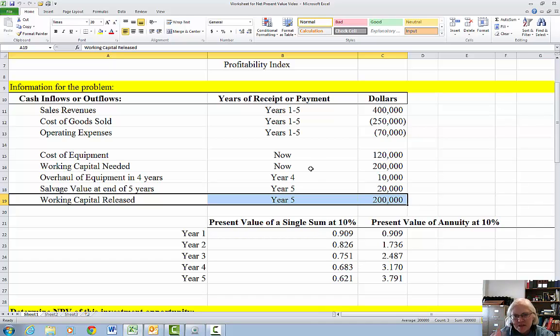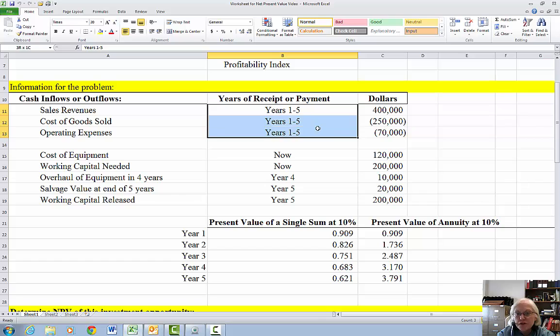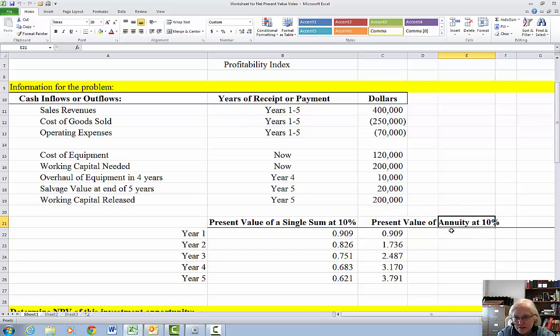The items that happen every single year are referred to as annuities, so we use the present value of an annuity. We're going to use these factors to multiply by these dollars to determine what the value is today of this project.